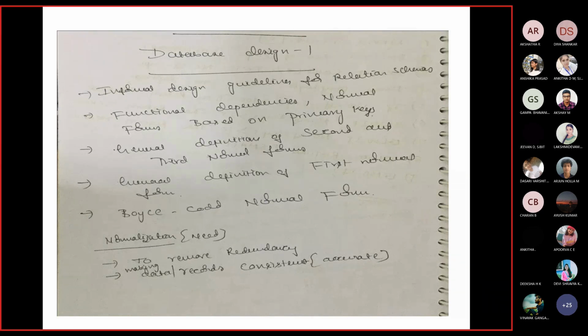Another thing is that whatever record you are going to insert into the table, it should be accurate. There should not be any inconsistency, that is the second one. And the third one is, if you are combining two tables together, then after splitting the two tables, there should not be any loss of information.